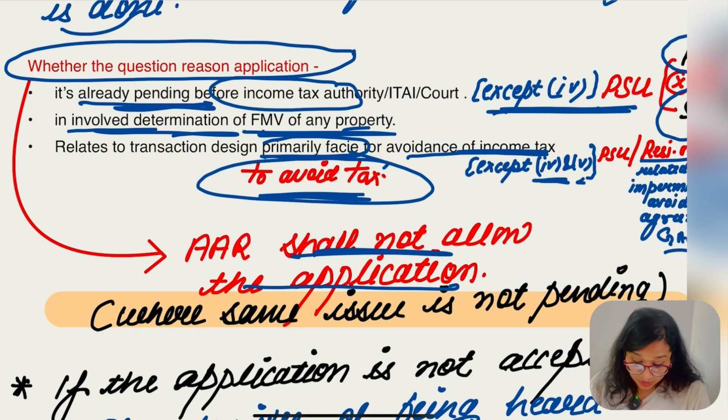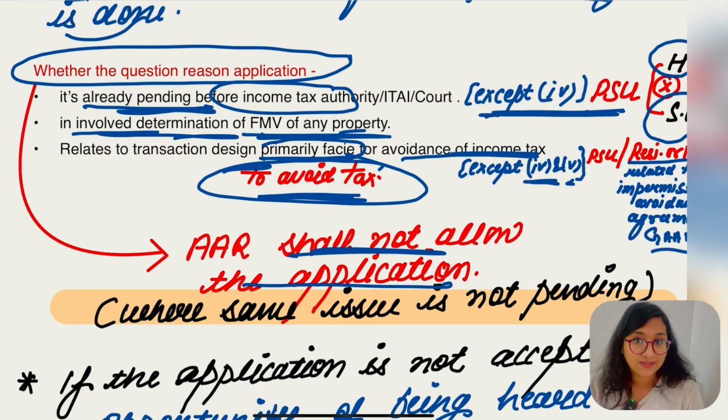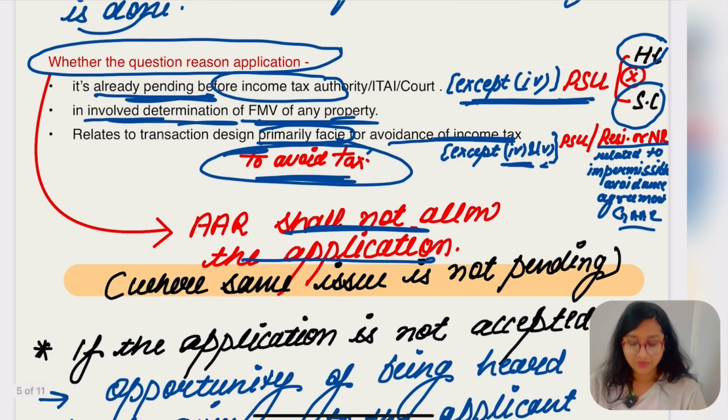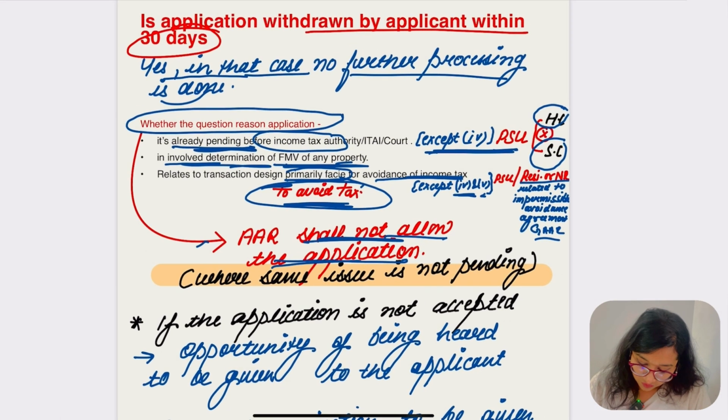The third point was if the transaction is related to avoiding tax, in that case advance ruling is not possible. But there is one more exception for PSU and for the fifth point, resident and non-resident. They can still apply. Now the AAR shall not allow the application. Which application? These.